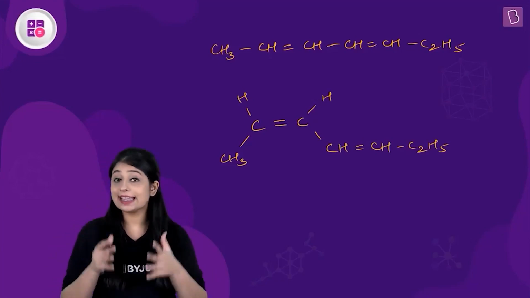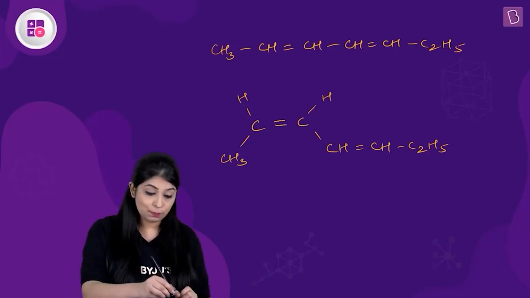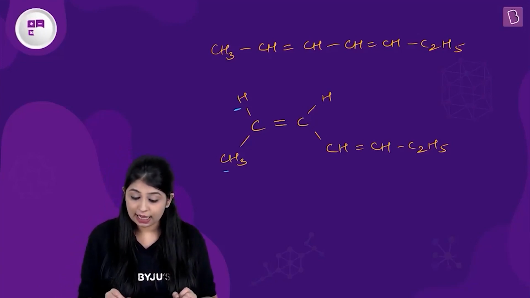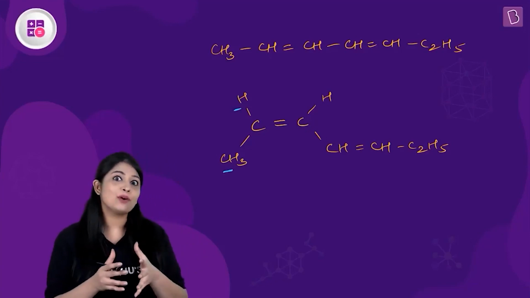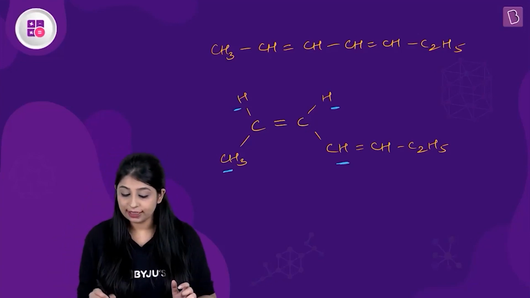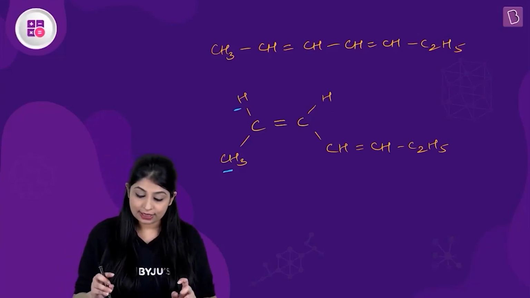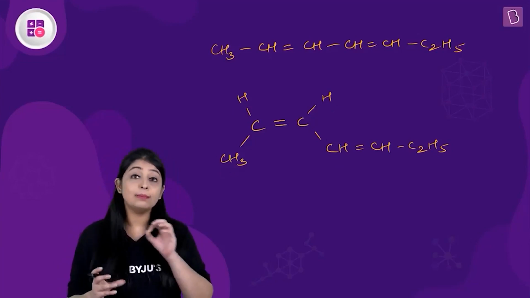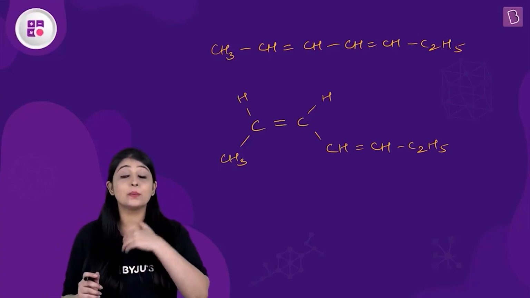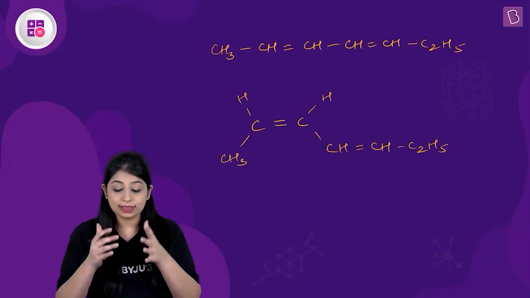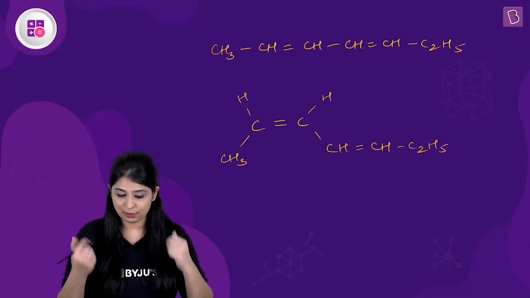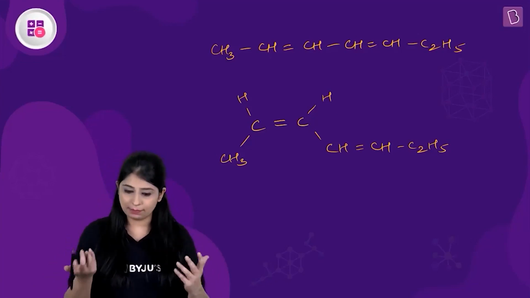If you look at this double bond, the 2 groups attached to the carbon involved in C double bond C are not identical. So yes, this compound will exhibit geometrical isomerism. It can be cis or it can be trans.